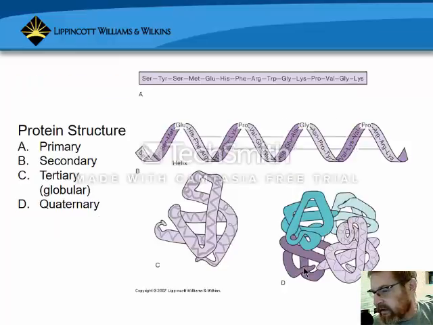So here's an example of the different kinds of structures. On the very top are the codes for the different amino acids in their linear arrangement. Now in the secondary structure, we're starting to see some coiling or turning of the primary structure. In the tertiary structure, we get a three-dimensional folded protein, and in the quaternary structure, we have multiple subunits of that tertiary structure all held together.